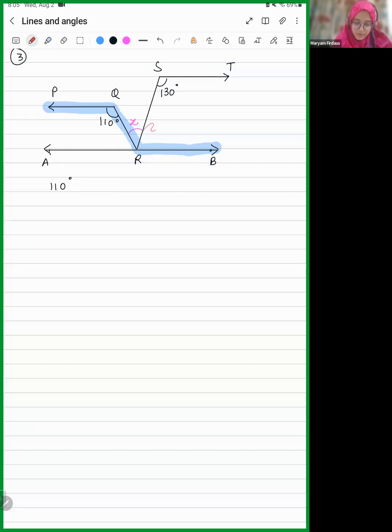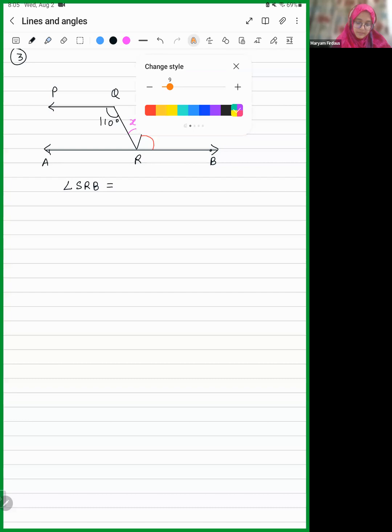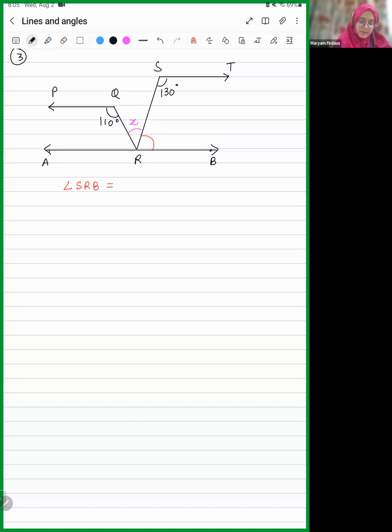But how do we find what is this angle over here? Angle SRB. Who will tell me what is angle SRB? Interior angles on the same side of the transversal. Very good. So when you take a look at these two parallel lines, ST and AB, this is making a C, right?